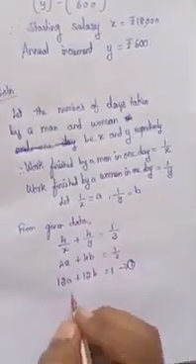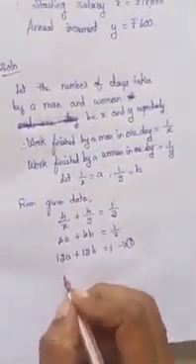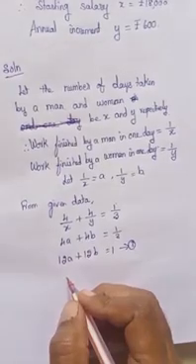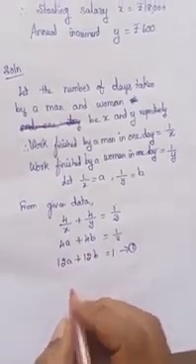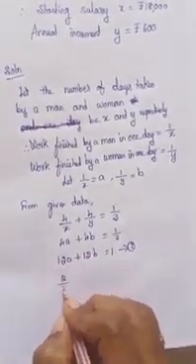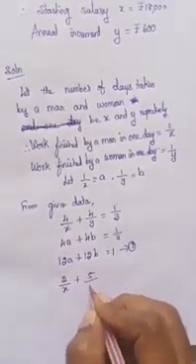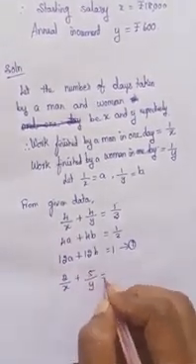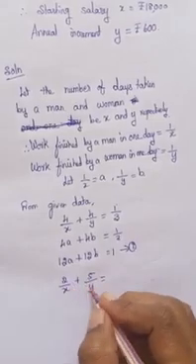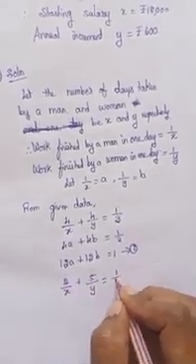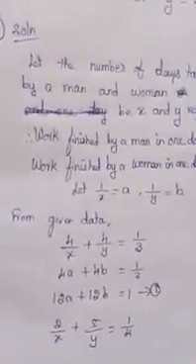And the second information given was 2 men and 5 women. 2 men, 2 by X plus 5 women, 5 by Y. They are taking 4 days. So this is for 1 day we have taken. So 1 by 4. Shall we simplify and find it out?